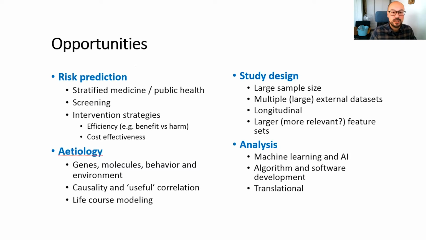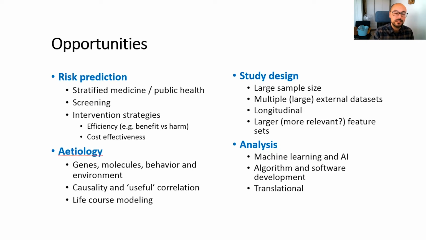From an analysis perspective, what we can do includes risk prediction, which includes identifying high risk or low risk subgroups of individuals who may benefit from therapies or public health interventions. Risk prediction may affect screening strategies, when or who might be brought in for testing.